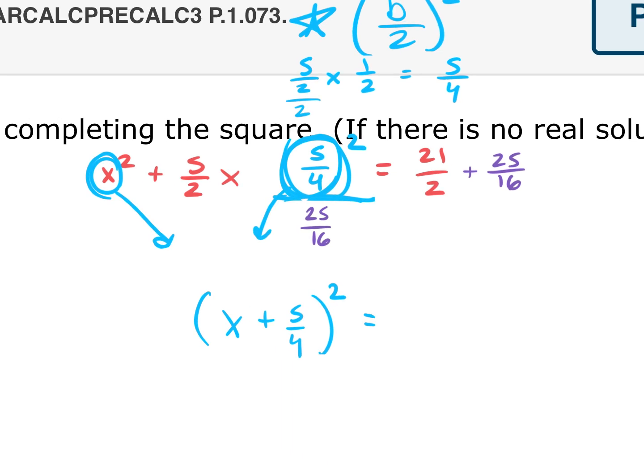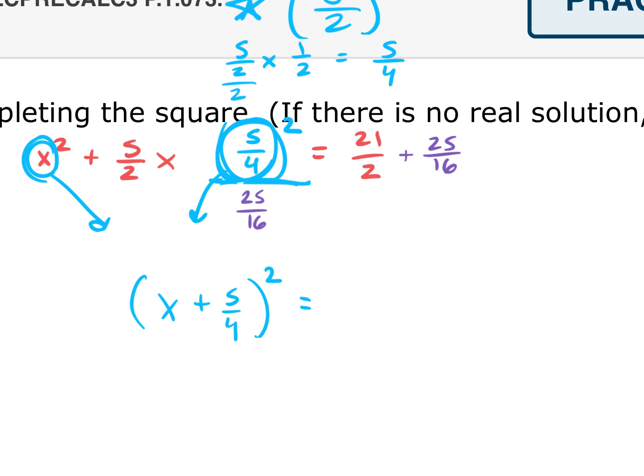And that would be equal to, on the right side here, we've got to add, so we need a common denominator. I'm going to multiply the top and the bottom here by 8. So we get 168 over 16.